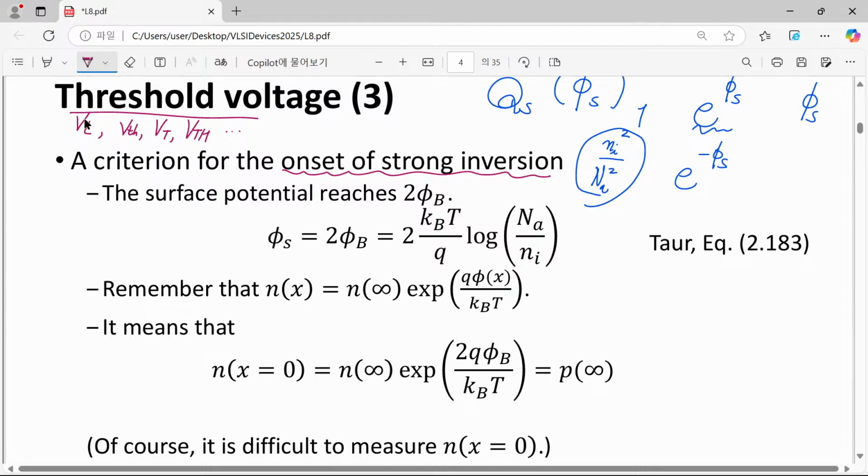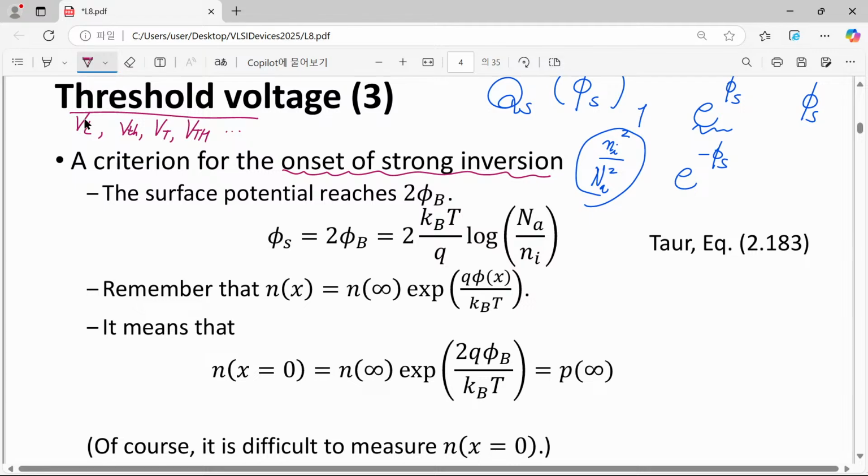So don't be confused with this important number, summer voltage. In this book, Professor Tower's book, he always tried to avoid the use of summer voltage. Instead, he explicitly wrote it down in this way. Well, anyway, please try to understand their difference in context.